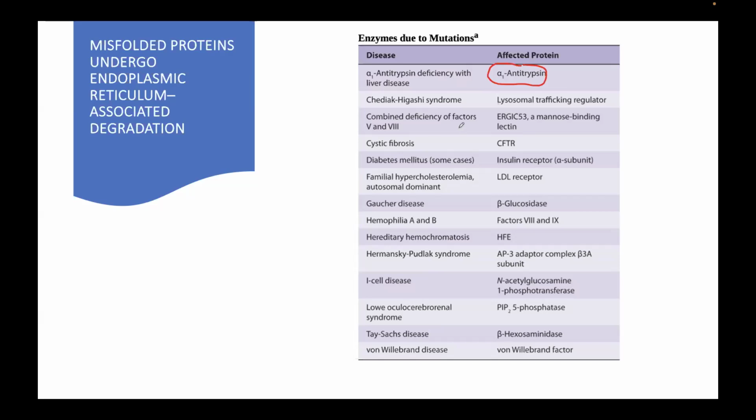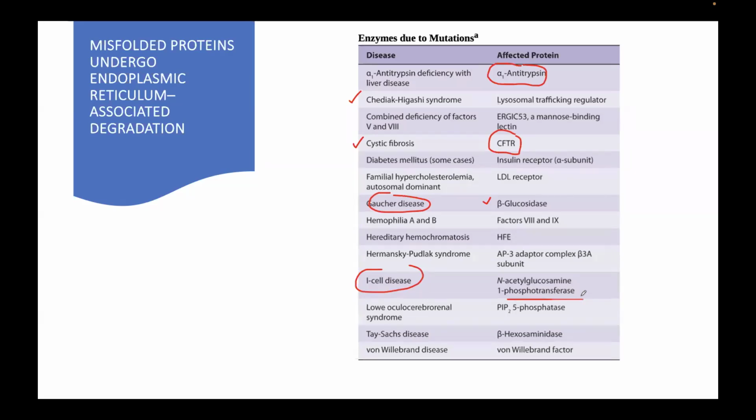Kartagener syndrome is associated with deficiency in dynein. Here's Chediak-Higashi. Here's cystic fibrosis. The protein is the cystic fibrosis transmembrane regulator. Gaucher's, it's beta-glucosidase. Then we have here I-cell disease. Here they mentioned phosphotransferase.